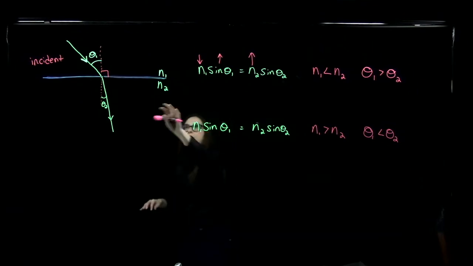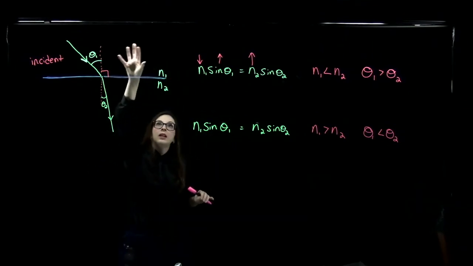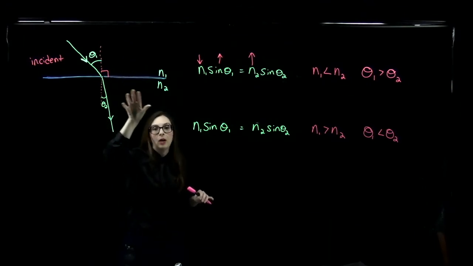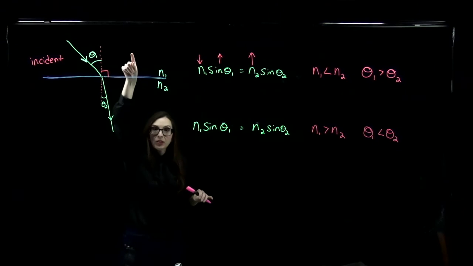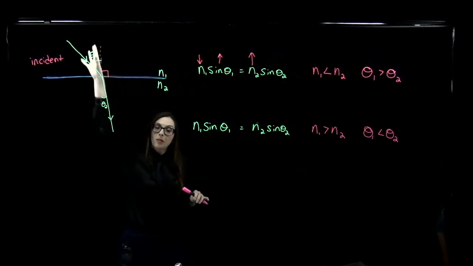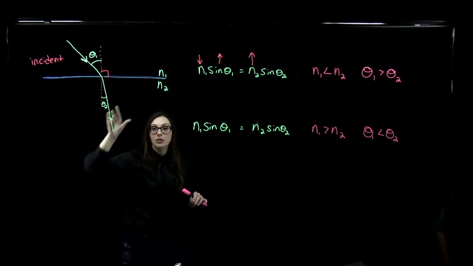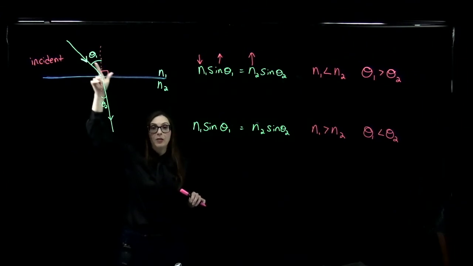Okay, so let's say we swap the materials. Let's say N1 is now glass or water. N2 is now air. So if this index of refraction is greater than N2, and this is our incident material, if the material through which the ray of light is moving through first has a greater index of refraction, its refracted angle theta 2 is going to be bigger than its incident angle theta 1.